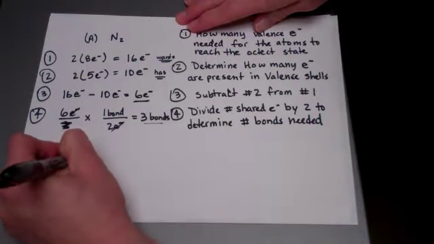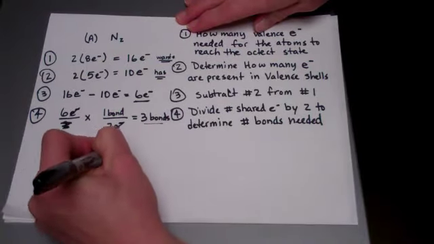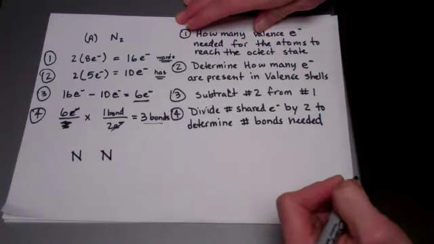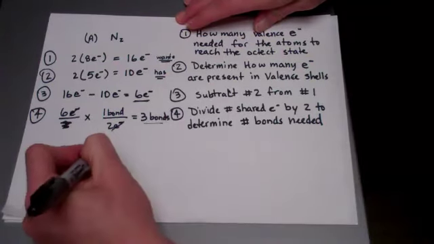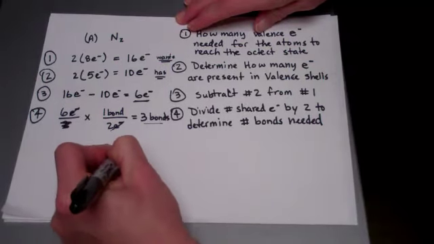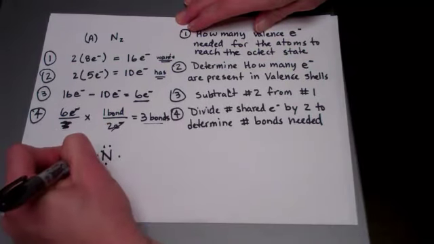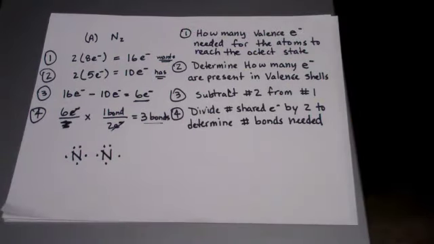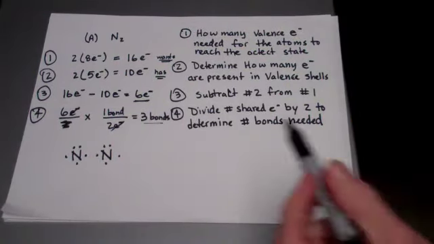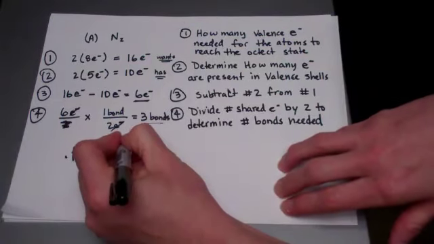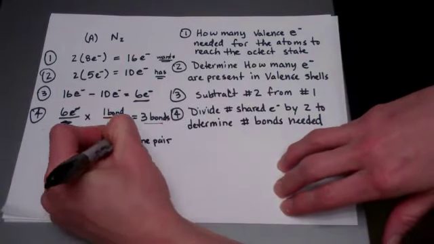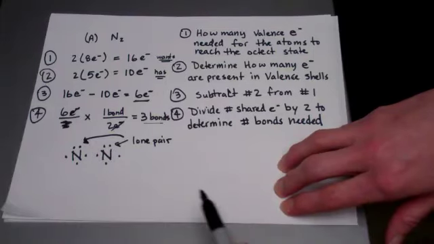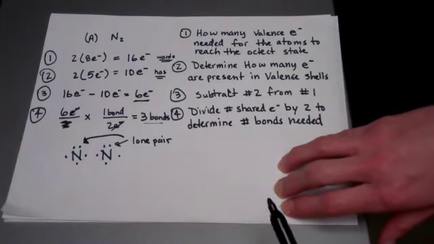And since there are only 2 atoms in here, we know that the nitrogen is going to have to be bonded with itself. If we start drawing out our Lewis structures, they both look like this. They've got 5 electrons. One of those is going to be in a lone pair for each of them, and the other ones have positions where they could share electrons.